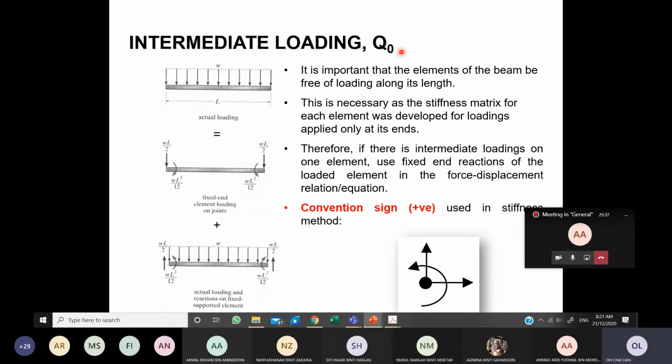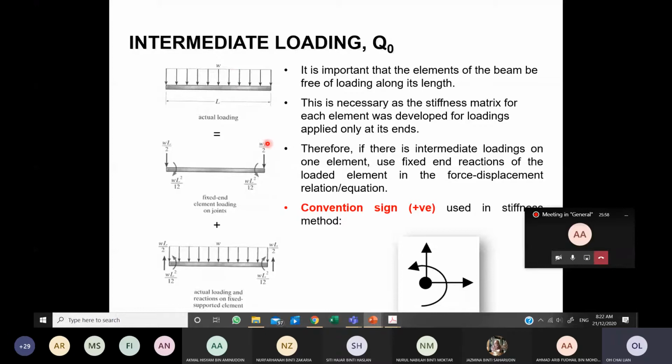Therefore, you are allowed a treatment, the so-called Q node, to clear this loading from your element. What you do is find the fixed end reaction due to this loading.